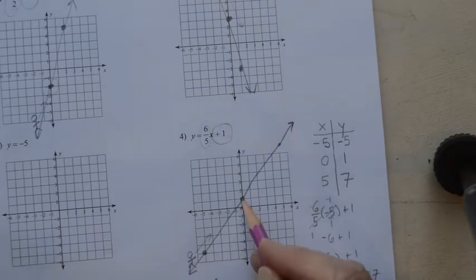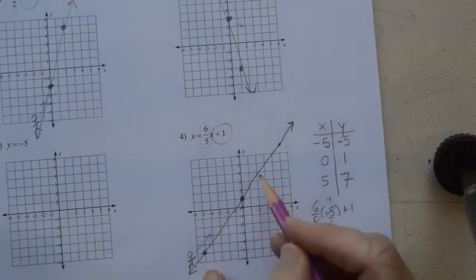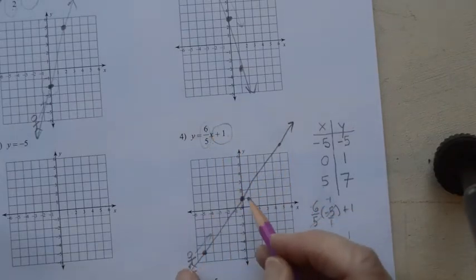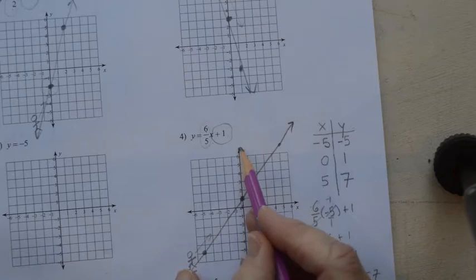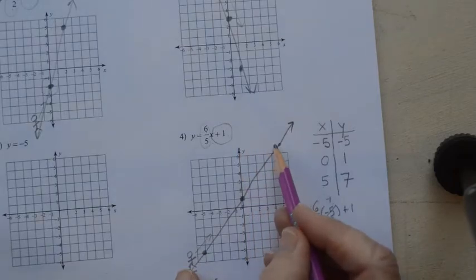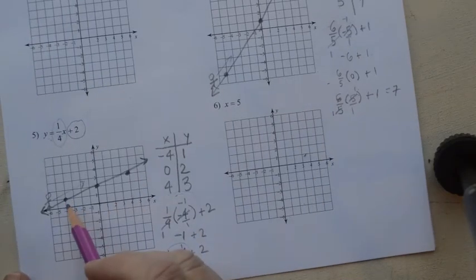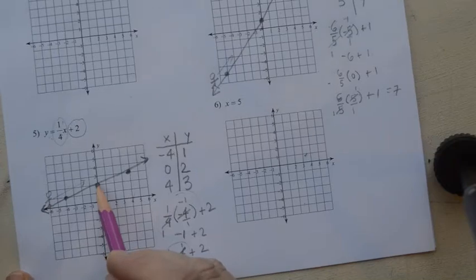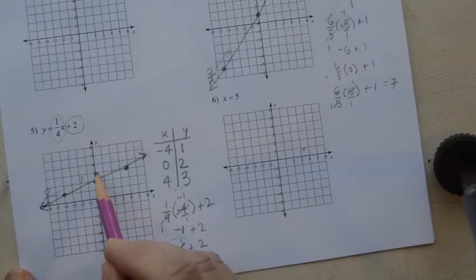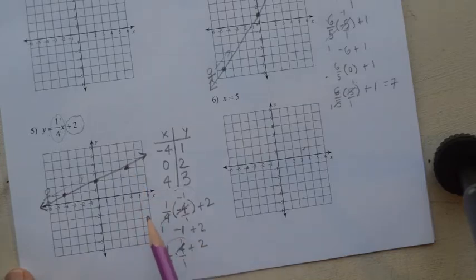If I start at this point, this tells me to rise 6, go up 6, and run 5, go 5 to the right. So 1, 2, 3, 4, 5, 6. Again, remember that would have been the point 7, but we didn't have space. And then run 5, 1, 2, 3, 4, 5. Same thing here. This tells us to rise 1. So from this point right here, I rise up 1, and I run, go to the right, 4, 1, 2, 3, 4. And that was another point.